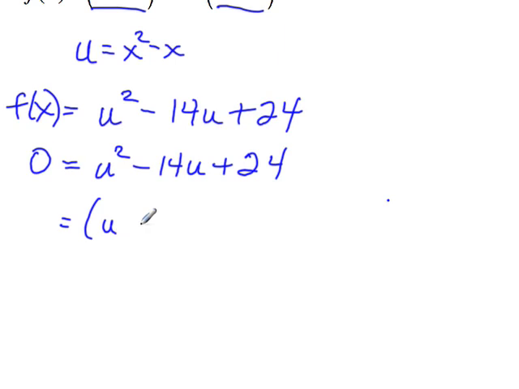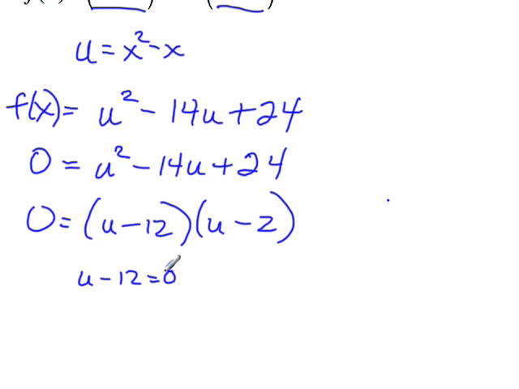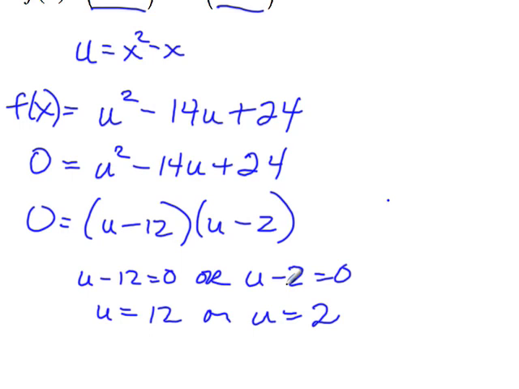So u minus 12 and u minus 2. u squared minus 2 minus 12, yeah, it's minus 14 plus 24. That works. So I would use the zero product property again here. u minus 12 is equal to 0, or u minus 2 is equal to 0. Therefore, u is equal to 12, or u is equal to 2.